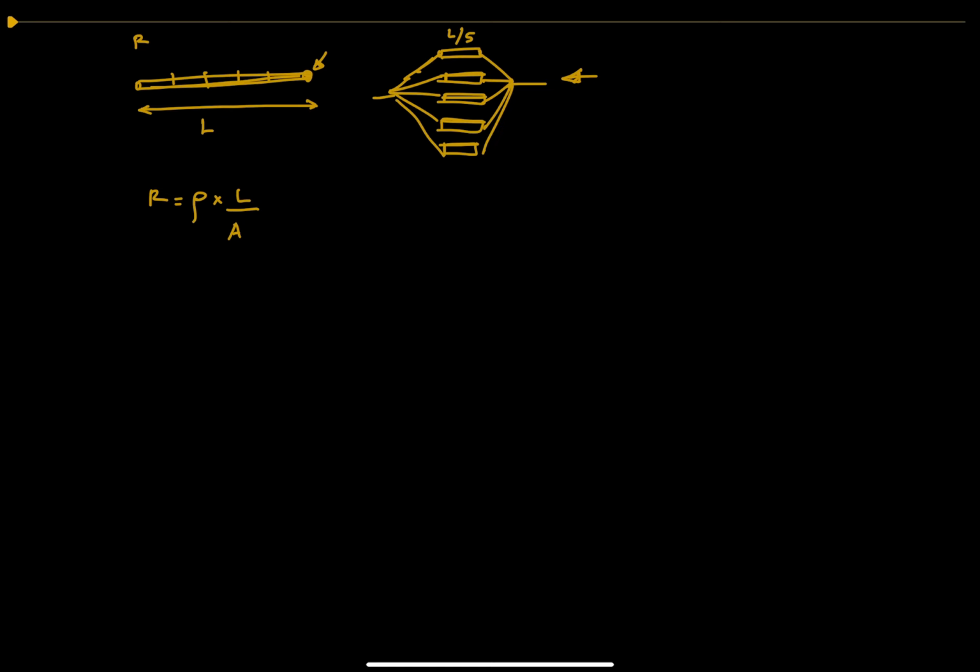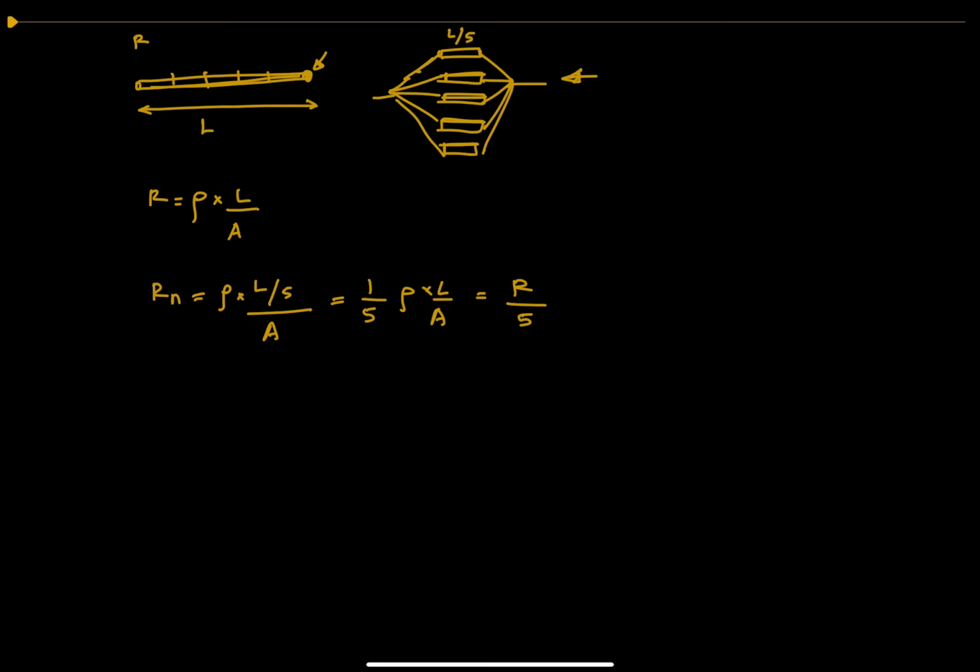So the new resistance of each piece, let's call it R new, is equal to rho into L by 5 by area, which is nothing but 1 by 5 into rho into L by A. So rho into L by A was our old resistance. So this R is our old resistance by 5.